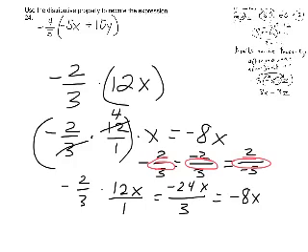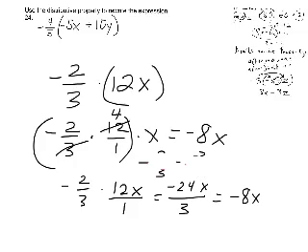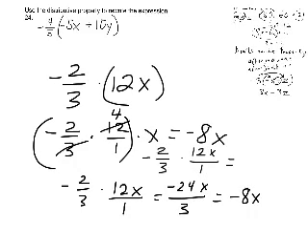So we could just make our answer negative and multiply 2/3 times 12x and get negative 8x.